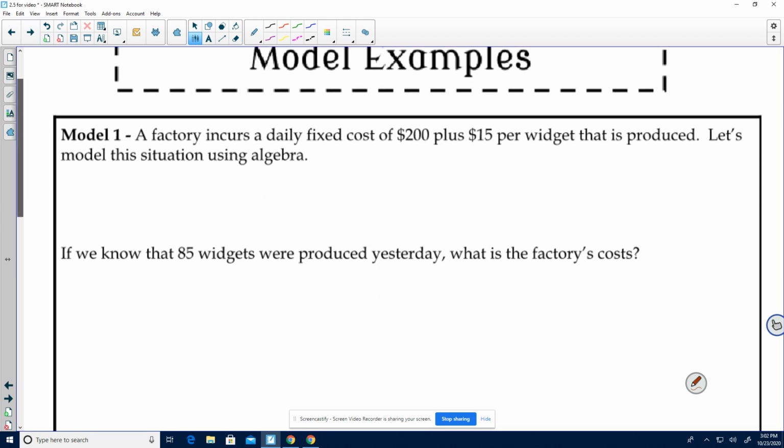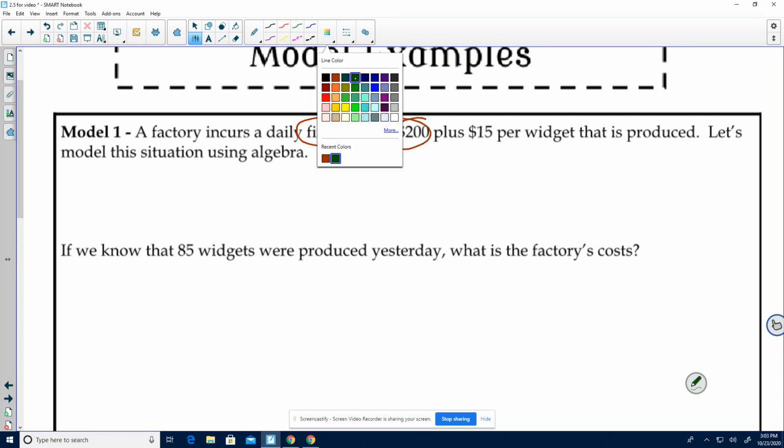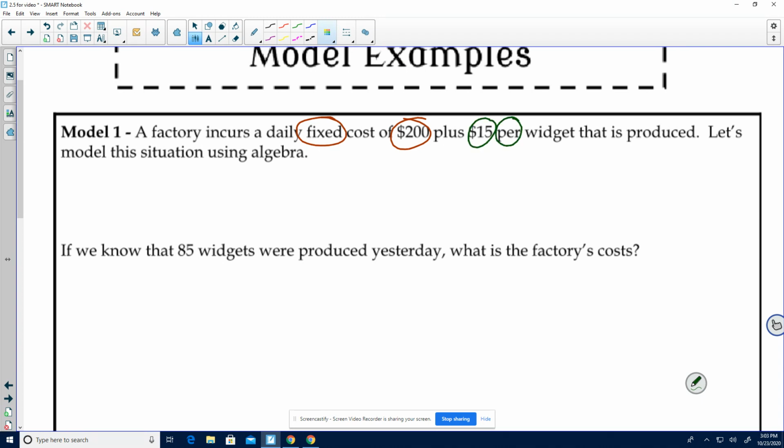So a factory incurs a daily fixed cost, so I see a keyword there already, fixed, of $200 plus $15 per widget that is produced. Let's model the situation using algebra. So they're asking us to write an equation.